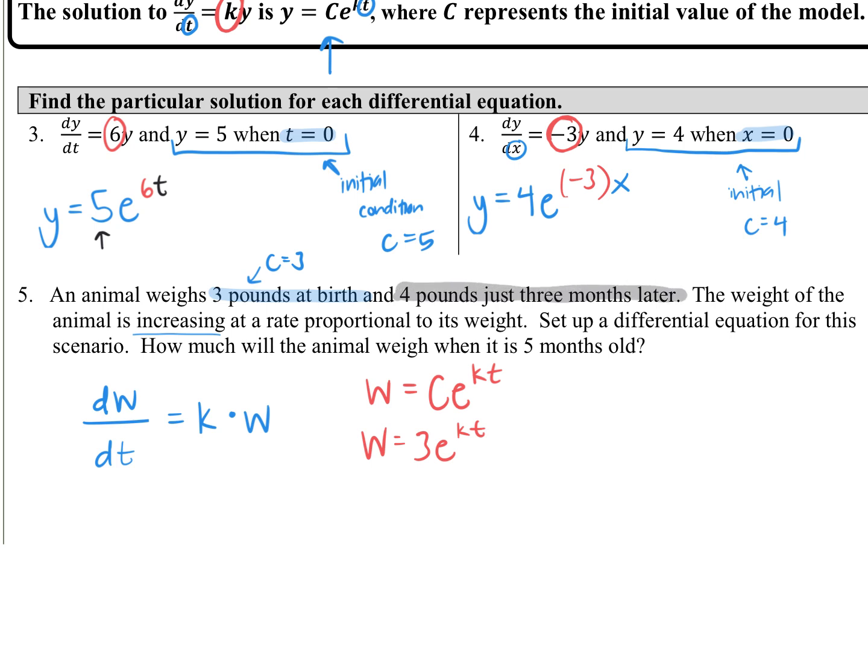So what could I plug into my formula to solve for k? 4 for y and 3 for t? Yeah. You mean w, though, for weight? Yeah. Right. And then 3 for t. Okay, so if I plug that information in, I get 4 equals 3e to the 3 times k.